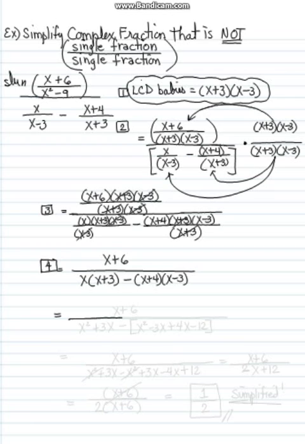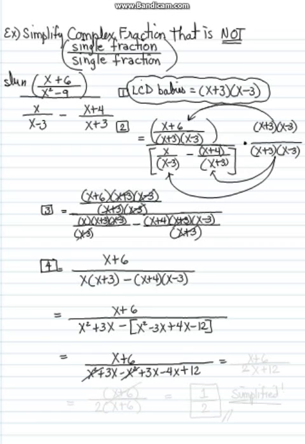Now, let's get rid of the parentheses on the bottom. Let's see, x squared plus 3x minus bracket. FOIL that, but use the bracket to remind yourself you need to distribute the negative sign. x plus 6 on the top, and then x squared plus 3x minus x squared plus 3x minus 4x plus 12 simplifies the x plus 6 on the top over 2x plus 12.